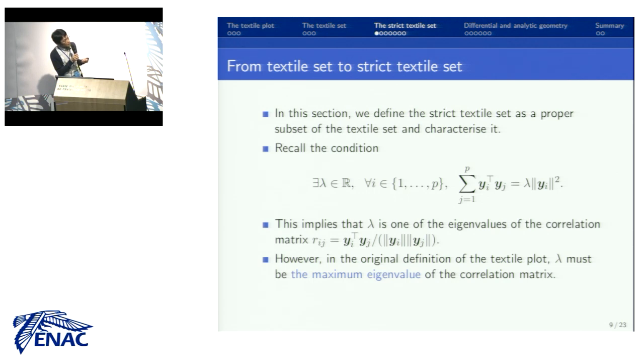It is not difficult to see that the lambda here is one of the eigenvalues of the correlation matrix defined by this one. But in the original definition of the textile plot, this quantity lambda must be the maximum eigenvalue of the correlation matrix. So this condition is necessary but not sufficient.